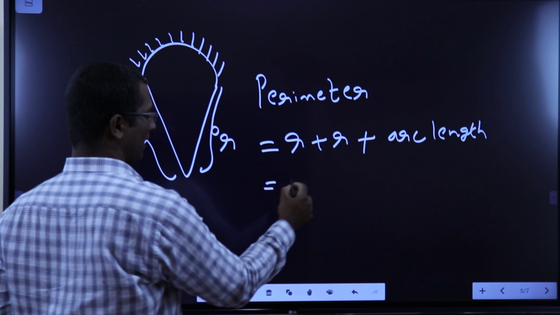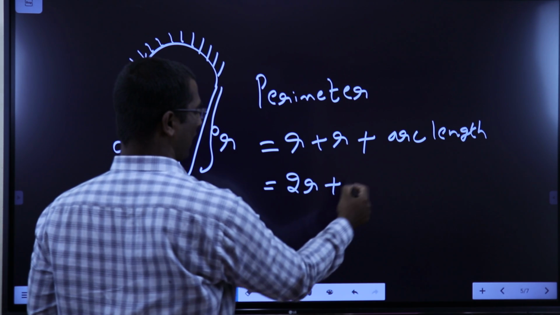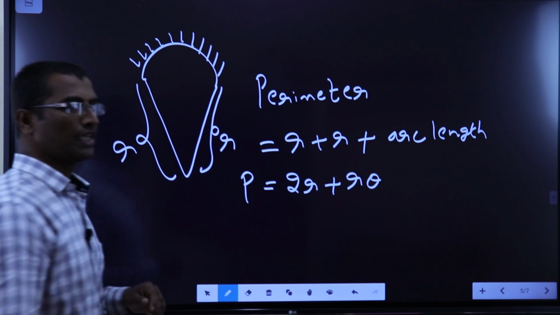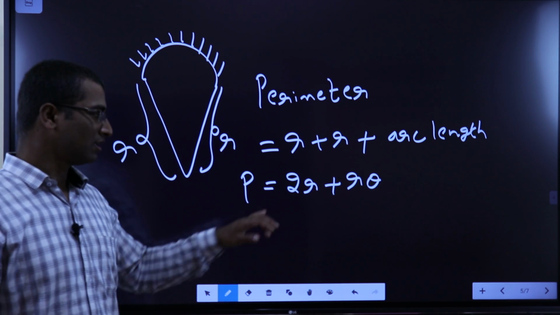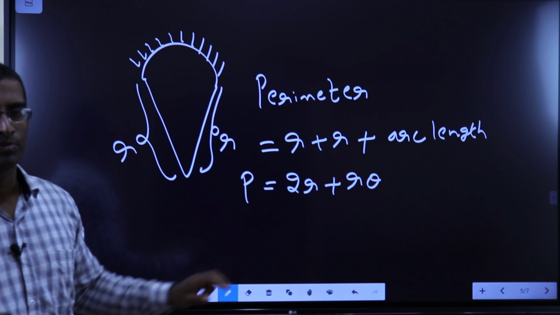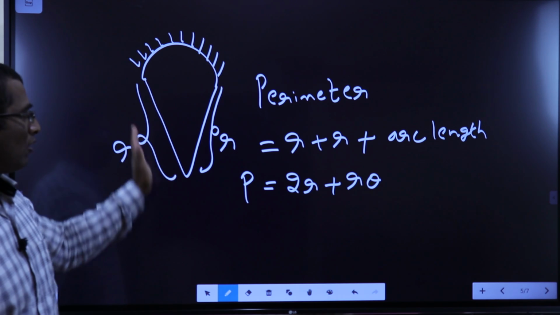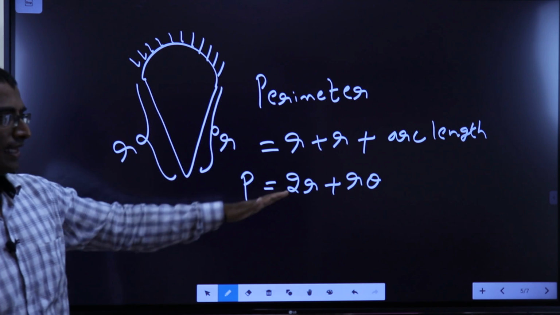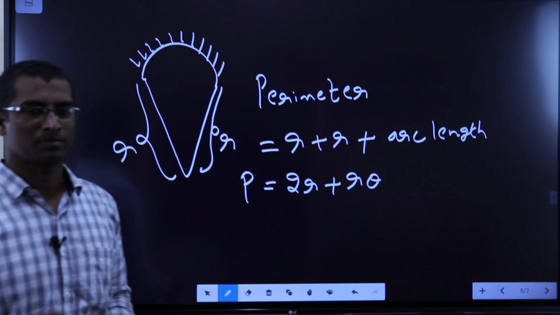So r plus r is 2r, and the arc length formula is r theta. So whenever perimeter is asked, you will be using this formula. Perimeter of a sector, add all the boundaries of it, r plus r plus arc length, that is 2r plus r theta.